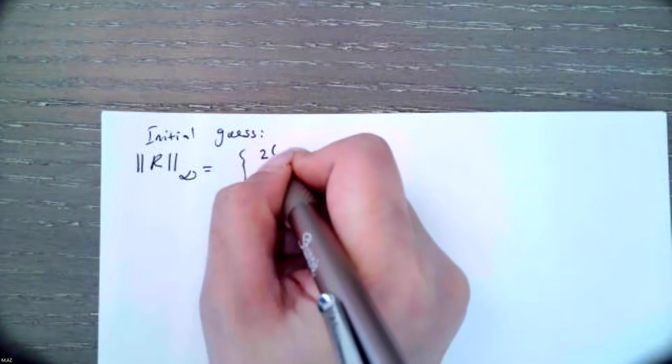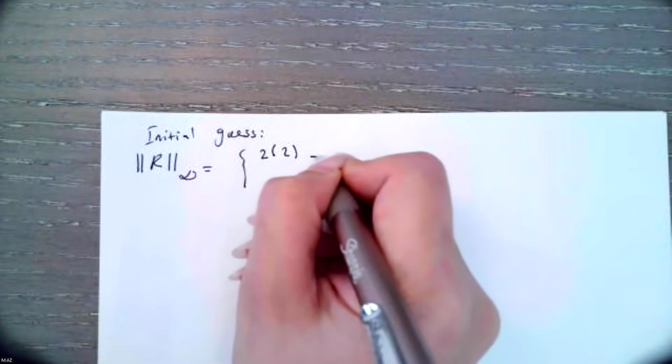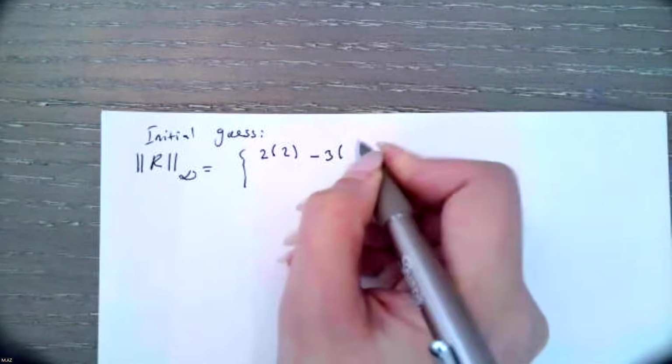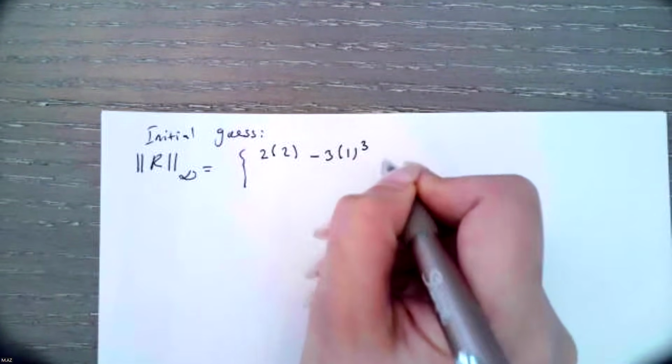We have 2 times 2 minus 3 times 1 to the cube.